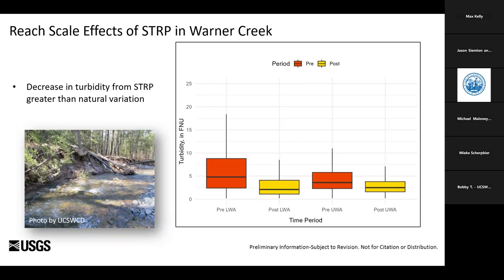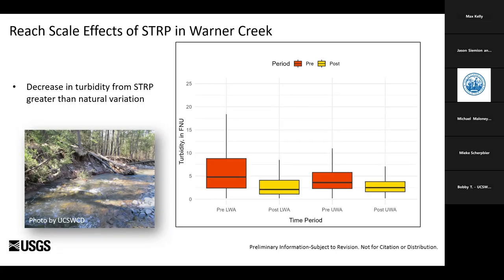And one last takeaway I'd like to take from this figure, if we look at the pre-project box plots for the lower site and the upper site, that's going left to right, the first 2 box plots, we're seeing a lot more variability from the pre-project box plots from the lower site compared to the upper site. So this is not surprising.